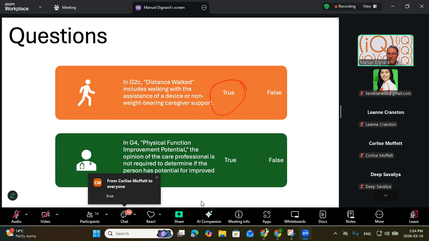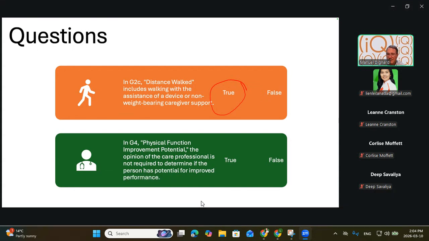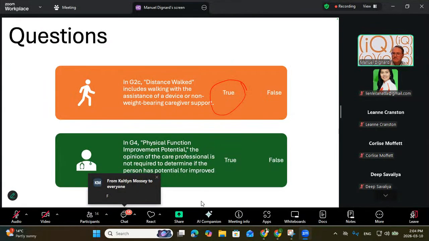In G4, physical function improvement potential, the opinion of the care professional is not required to determine if the person has potential for improvement or performance. True or false? It is very important. They are considering both.